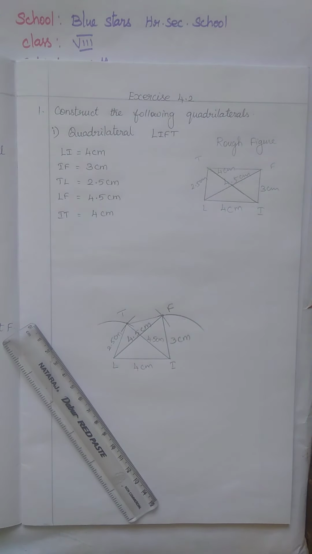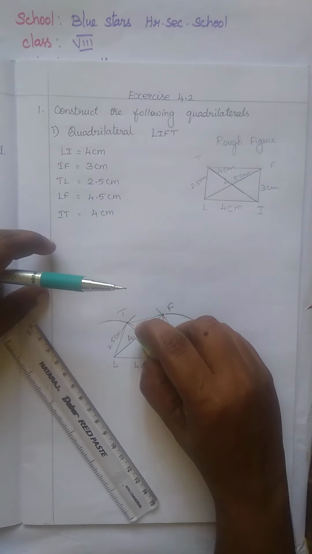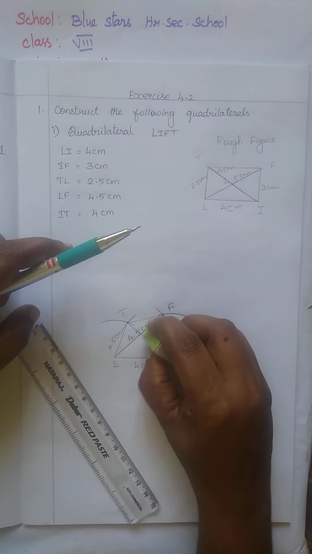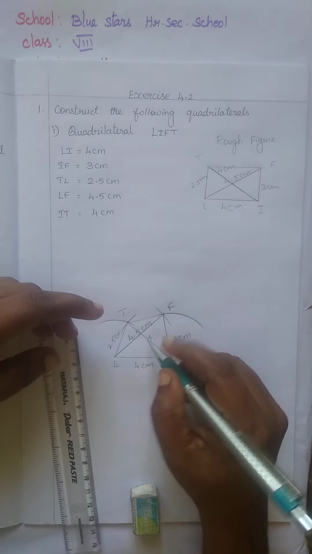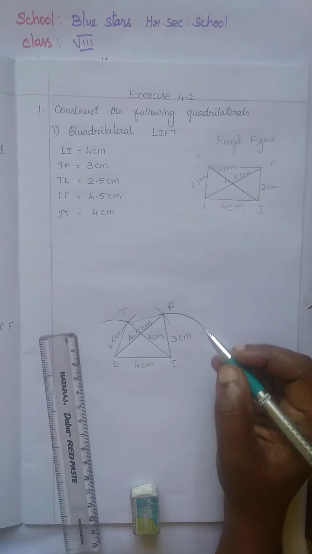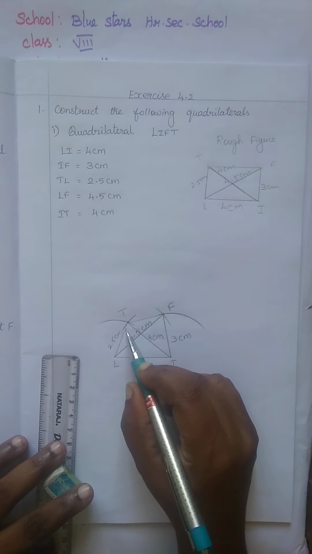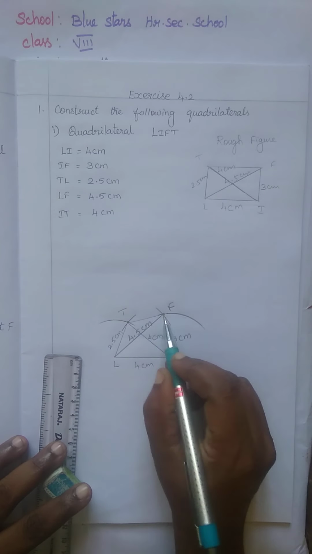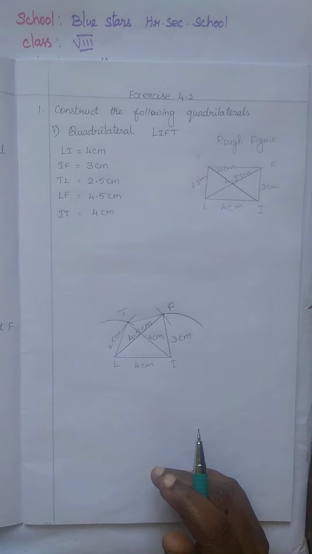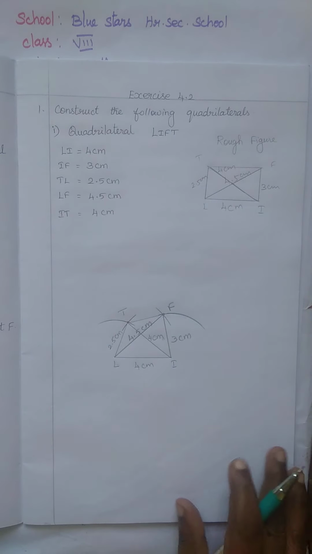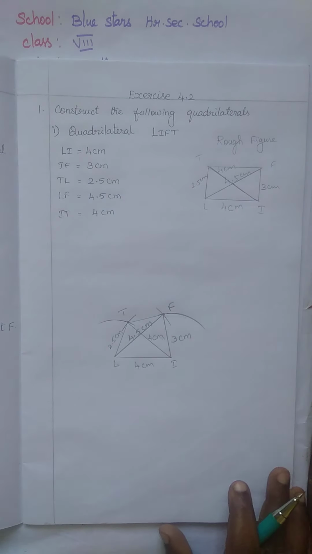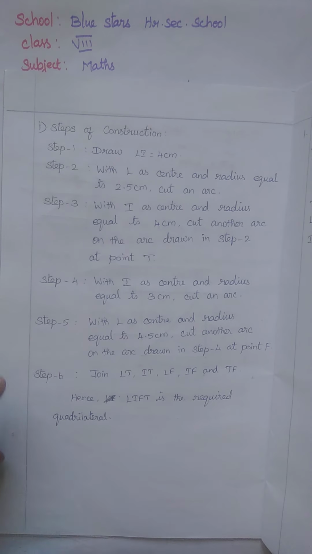The length of this side we don't know; it is not given, but we join these 2 points T and F. Clear, students? Now this is your construction part.